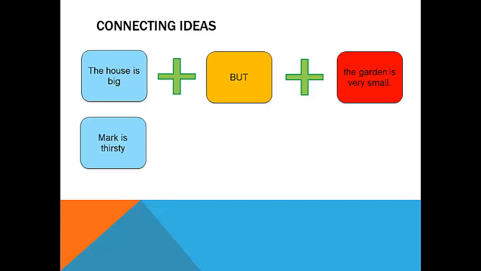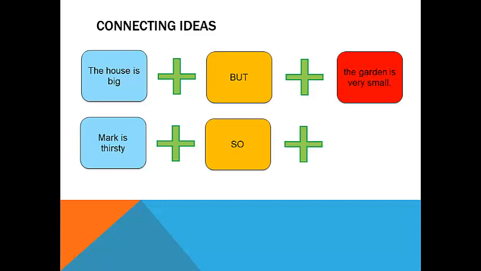In the second example, here we have Mark is thirsty. So he is drinking water. La razón por la cual Mark se encuentra bebiendo agua en estos momentos es porque él está sediento.